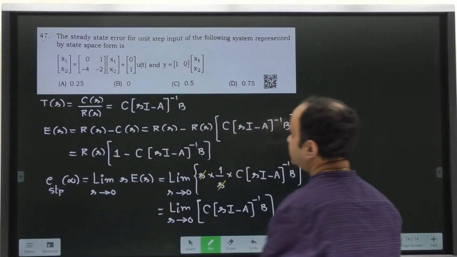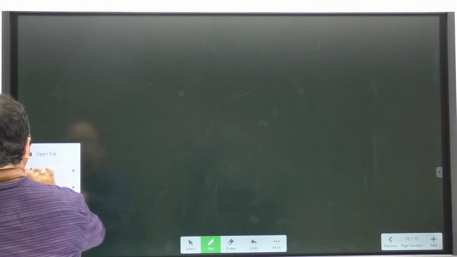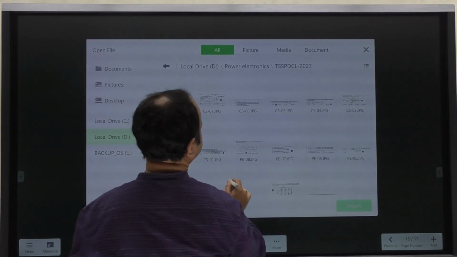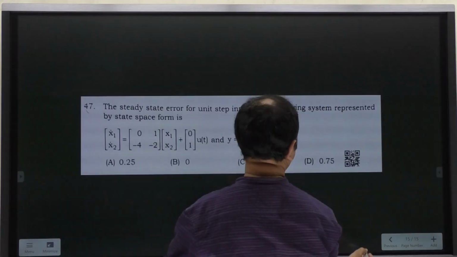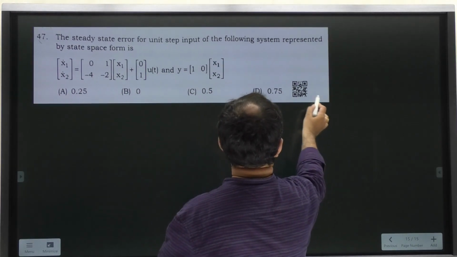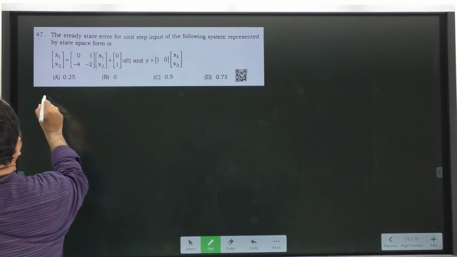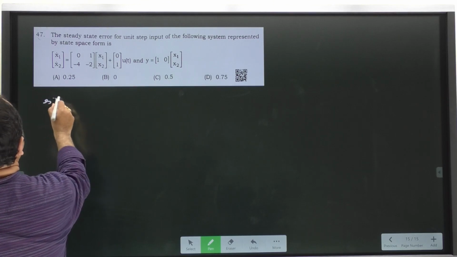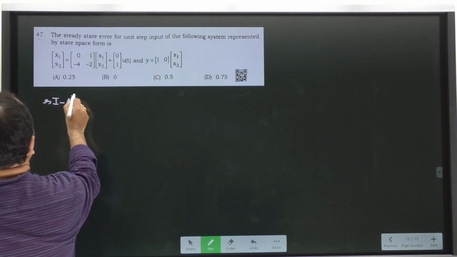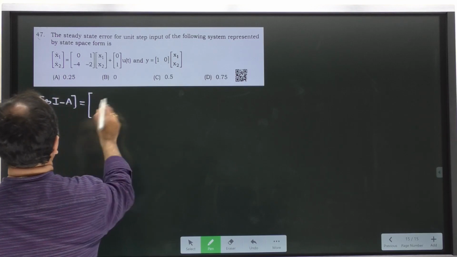Now let us see that one. Let me take this picture once again just for the reference. So first let us calculate the SI minus A matrix. So what is that?